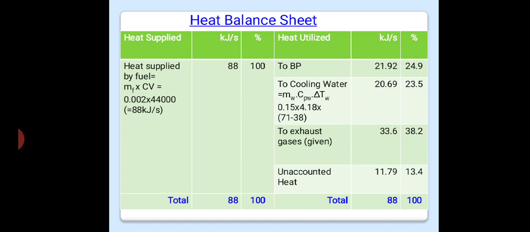So we got heat unaccounted is equal to 11.79 kilojoule per second. Percentage wise, 13.4%. So after addition we got the total heat utilized is 88 kilojoule per second, and percentage wise it is 100%. So in this way we have plotted the heat balance sheet in kilojoule per second and percentage wise.